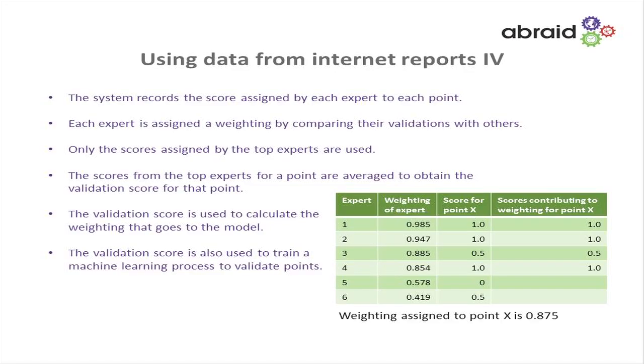And so in this example, we chose a threshold of an expert weighting of 0.6. And you can see in the table in the bottom there that the top 4 experts have ranked them, and the top 4 all had an expert weighting greater than 0.6. The bottom 2 didn't. So the top 4 scores went through, and an average of those is very simple. We just take an average.